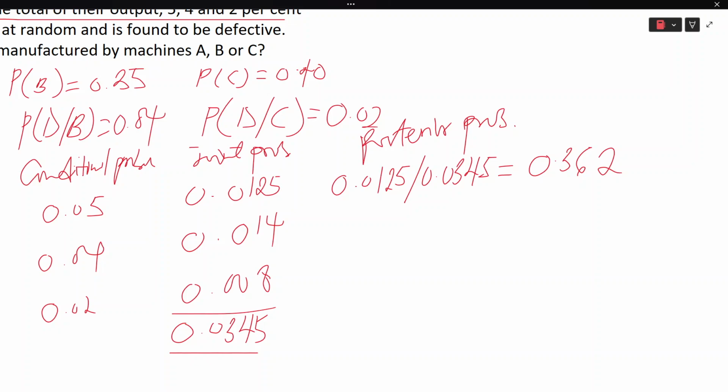Next one is 0.014 divided by 0.0345, which is 0.406.